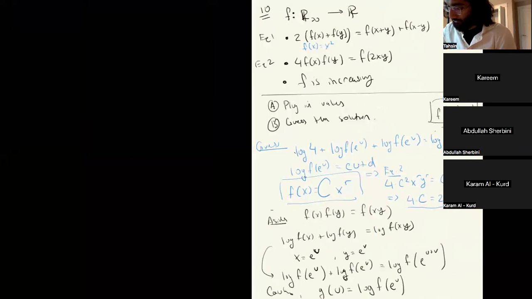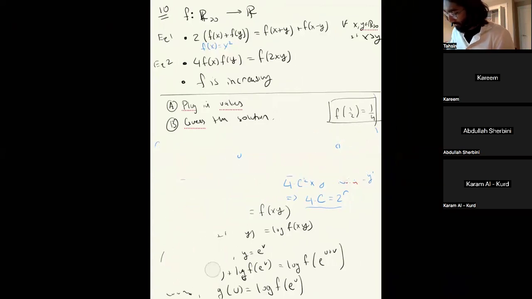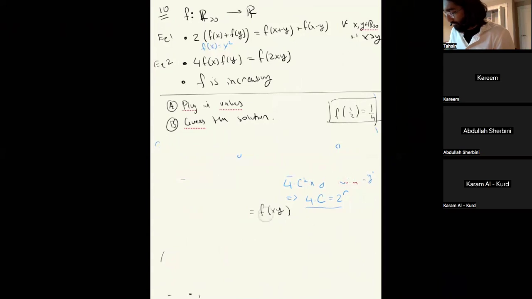So what I'll say is this. Let's first gather all the information we have. So the information we have is that f of 1 half is 1/4, and we have a guess, which is f of x equals x squared.